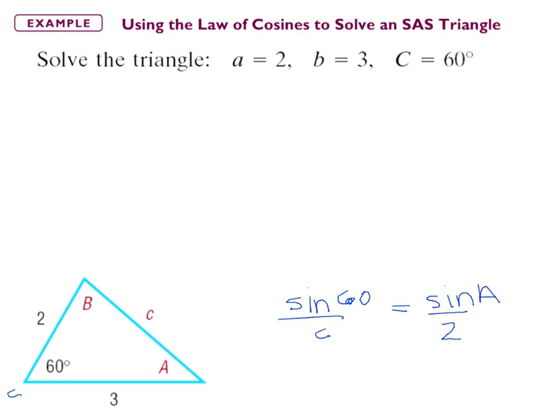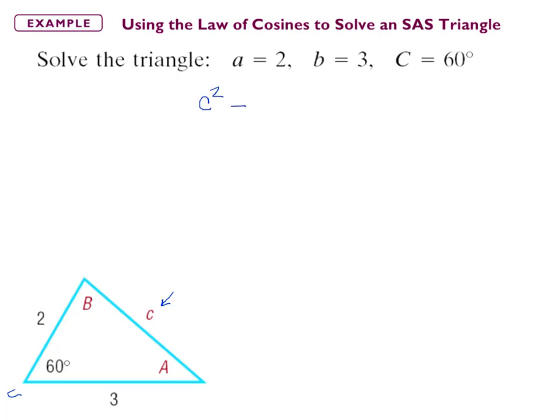So notice here I have 2 unknowns. There's no way I could solve this equation. Is that clear why we cannot use the law of sines here? Okay, so when I cannot use the law of sines, I can use the law of cosines. So let's use the law of cosines here. Let's try to find C.